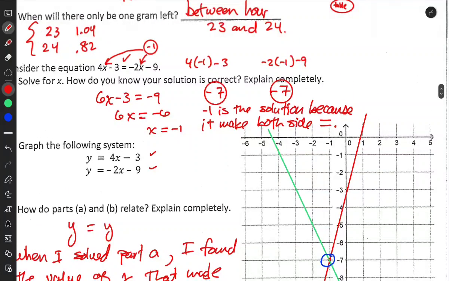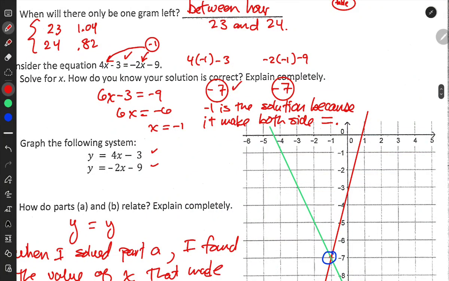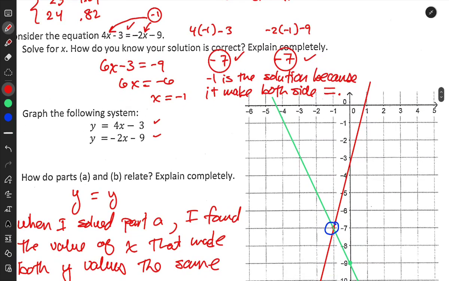Oh, in fact, when I plugged in that x is negative 1, remember what I got? I got that y was negative 7 in both of those. Because I plugged it in to check my work, to check that this was really correct, I got negative 7.